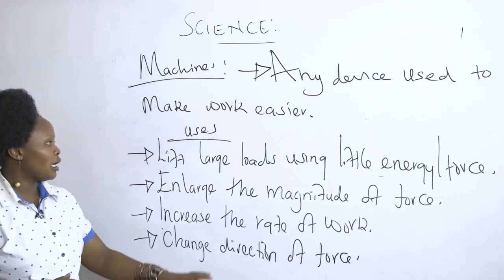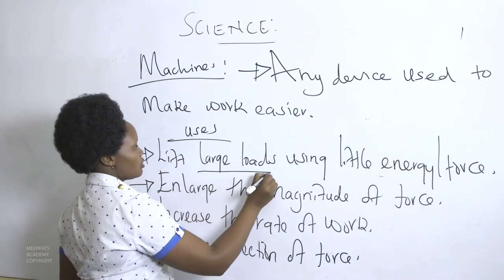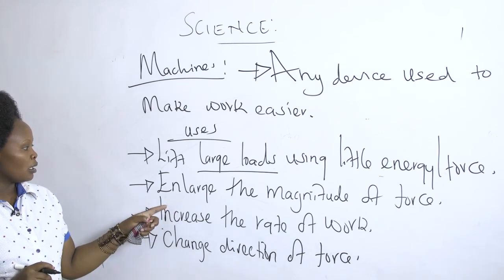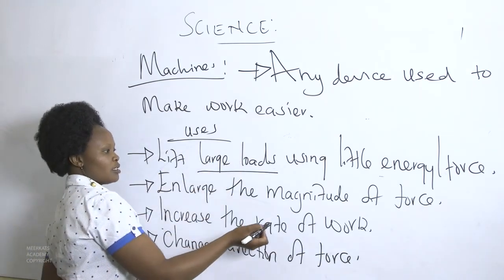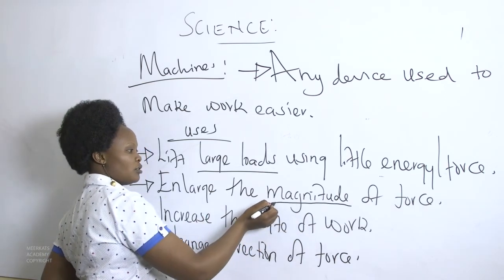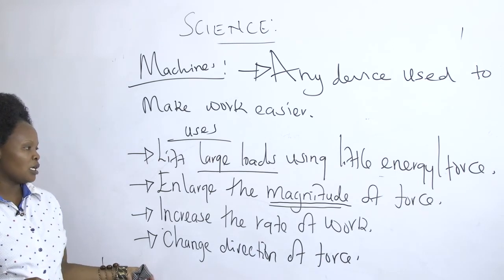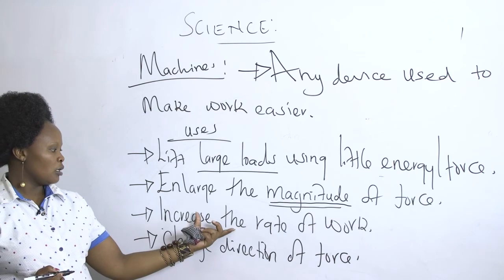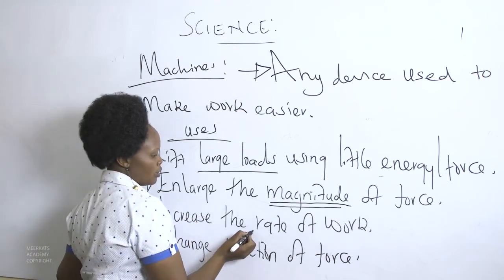A machine can actually lift large loads. That is why we are saying it makes work easier. And it will do that if only it increases the magnitude. Magnitude is the size of your force. Sometimes you could want to improve your rate of doing work.